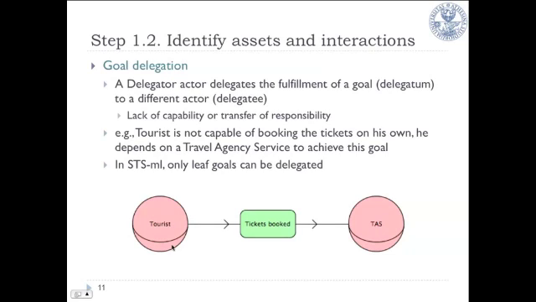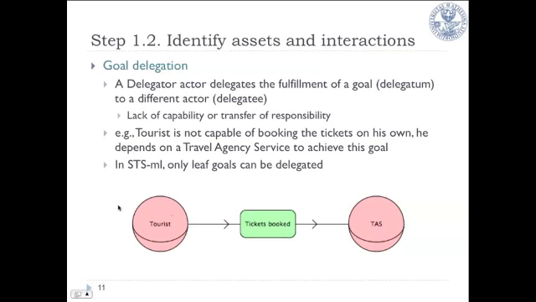So for instance, here we assume that the tourist is not capable of booking the tickets on his own, so he needs to rely on a travel agency to achieve this goal. And this delegation is represented in this way. So the relation from the delegator, being the tourist, to the delegatee, being the travel agency service, for the given goal, tickets booked. In our language, we allow only leaf-level goals to be delegated.